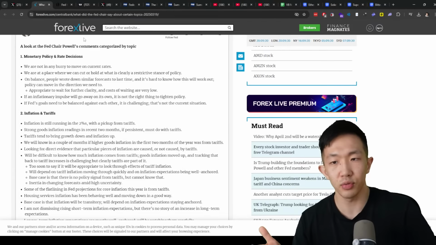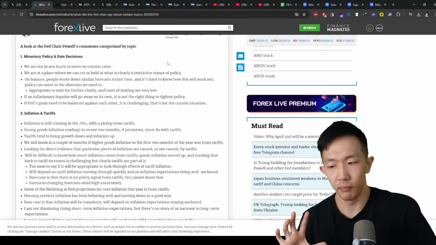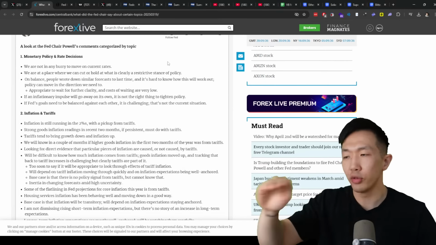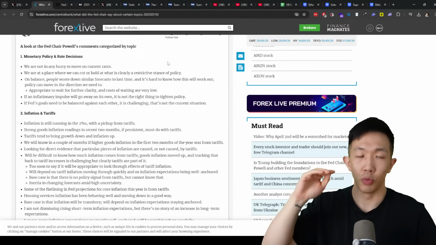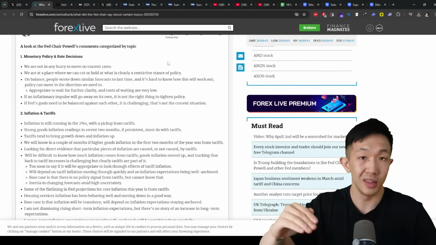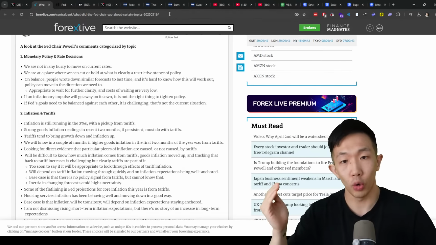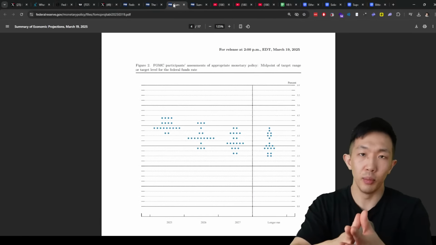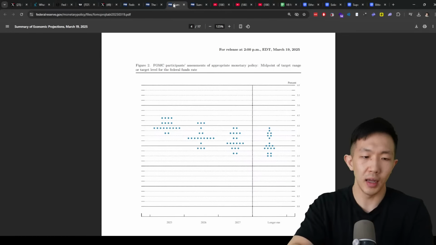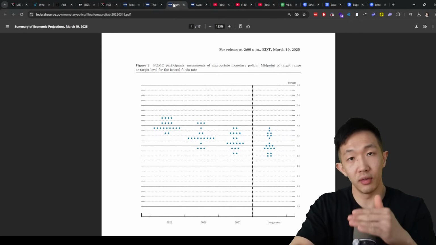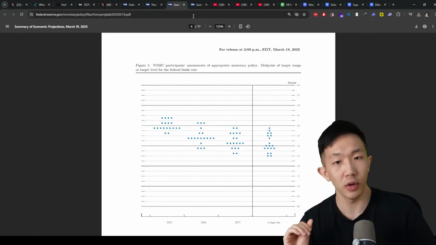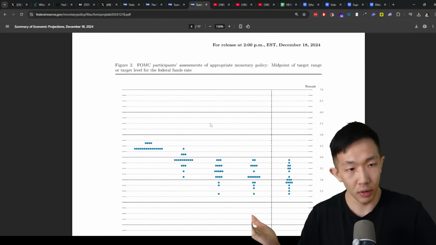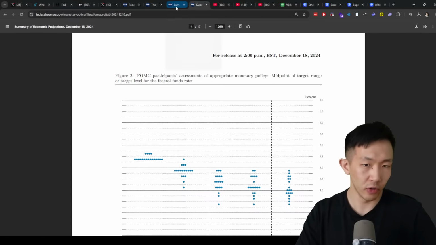And this does reflect on the market's perception, which is going into this meeting, most analysts predicted that the rates were not going to be cut again. And indeed, they didn't cut today. And according to the dot plots, which are the projections that the FOMC's analysts say what they should target for the interest rates, well, those are the same targets that we have had from December last year versus today's meeting.